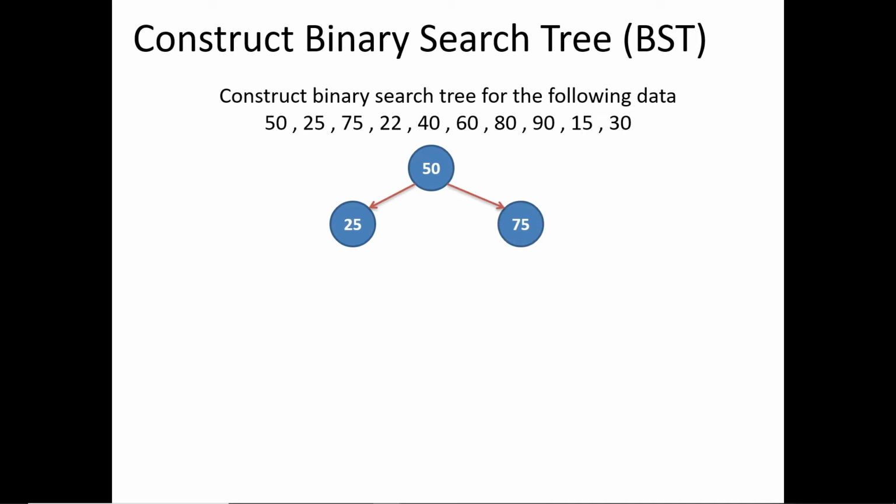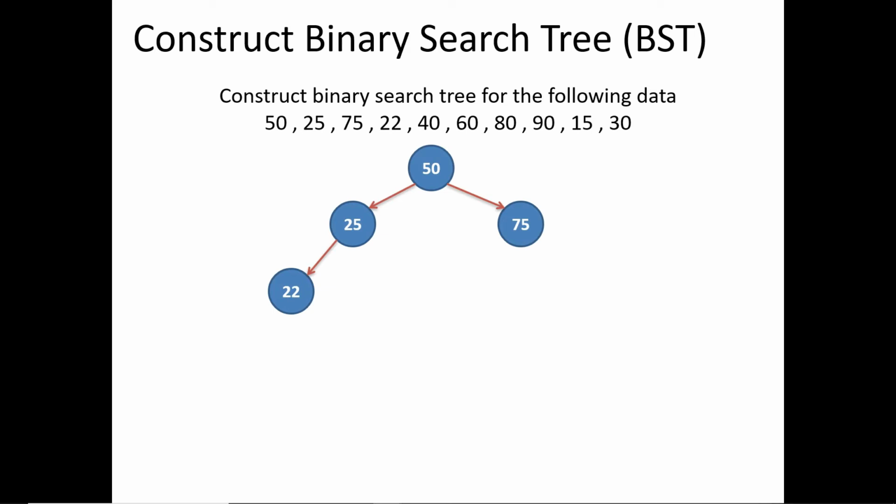Now 22. Again 22 is a lesser value than the root, so we have to put it on the left side of 50, and again 25 is on the left side. So 22 becomes the left child of parent 25. Now the next value is 40. Now 40 is smaller than 50, that is our root.